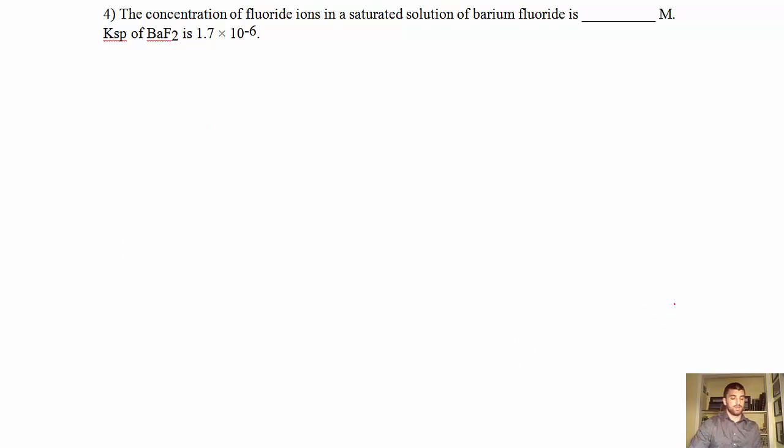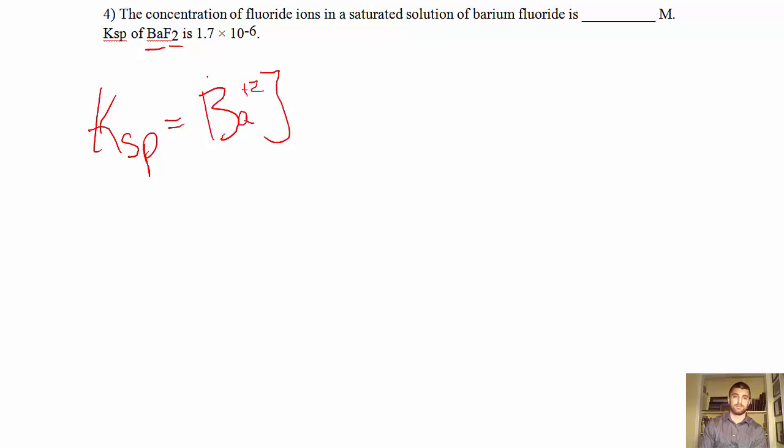Number 4, the concentration of fluoride ions in a saturated solution of barium fluoride is blank. So we know barium fluoride. The KSP expression is going to be the concentration of barium ion to the first power, because we get 1 barium, times the fluoride ion concentration squared, because I get 2 fluoride ions.